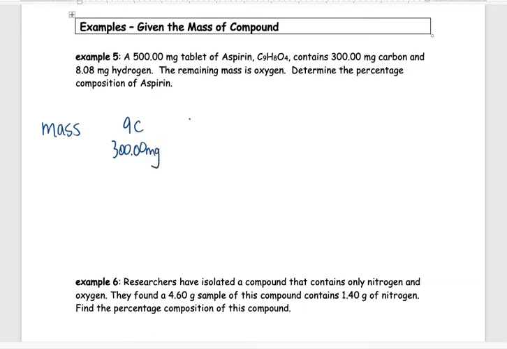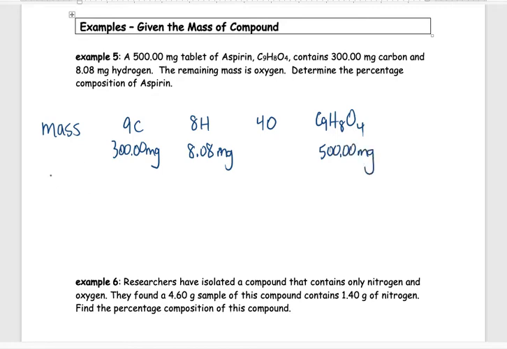And then we have our 8 hydrogens, and it's saying experimentally 8.08 milligrams was found. And then oxygen we're not sure about. There's 4 of those oxygens, but we know the total aspirin compound is bringing forth a 500 milligram mass.